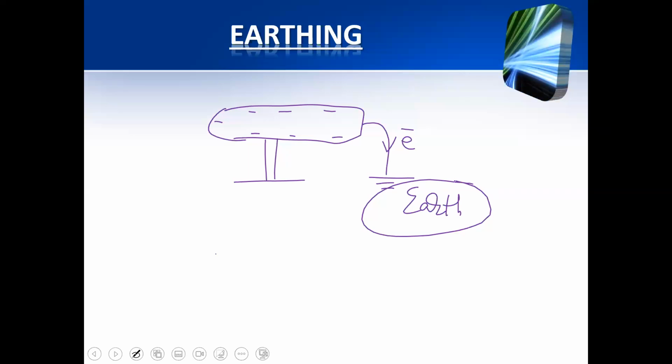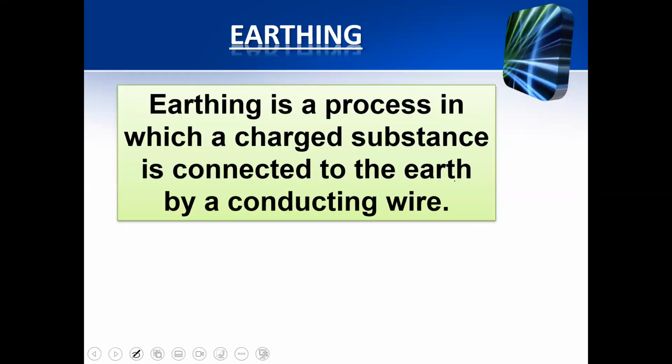I repeat, what is earthing? You take a charged substance and you connect it with the earth. When you connect it with the earth, the substance either loses electrons or gains electrons and it becomes neutral. This process is called earthing. So first copy down the definition.